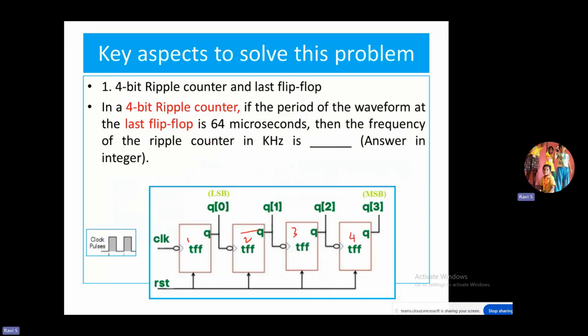They measure the waveform at the last flip-flop. The one which receives the clock is the first flip-flop, and the one at the far end is the last flip-flop. Here they measure the output signal, and the output signal time period is 64 microseconds.